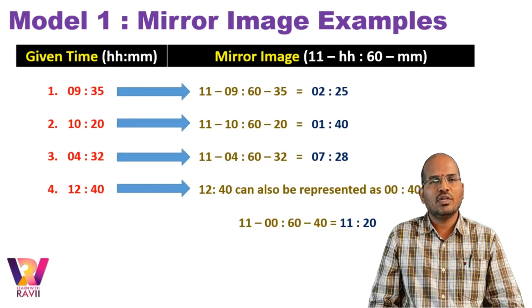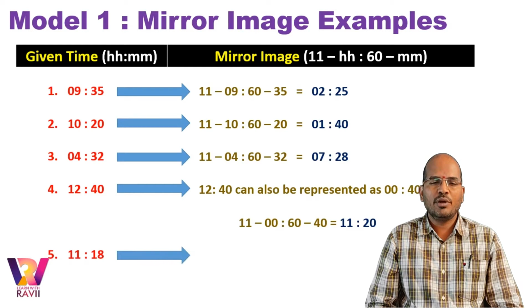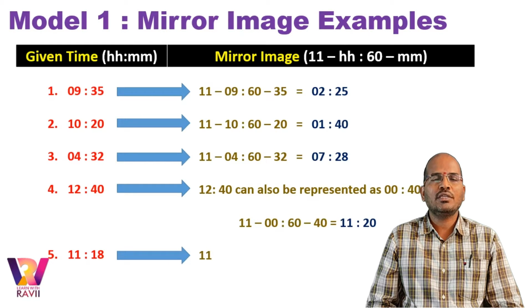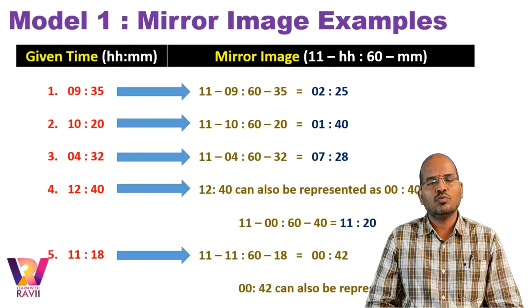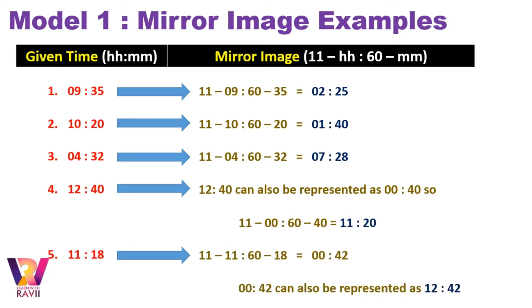So that is how we calculate the mirror image. And going to the next one, I want to calculate the mirror image of 11:18. So how do you work with 11:18? The mirror image is 11 minus 11, 60 minus 18, which results in 00:42. But we know that 00 can be written as 12, so 00:42 is written as 12:42.